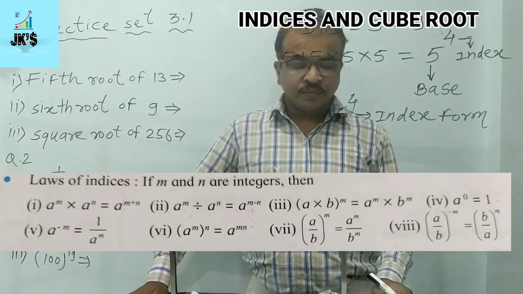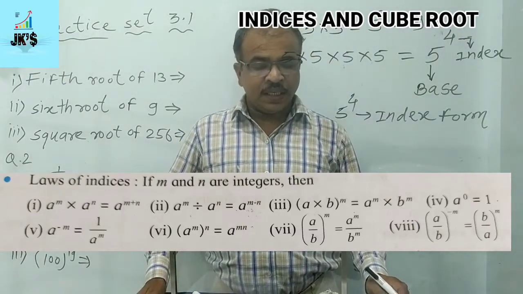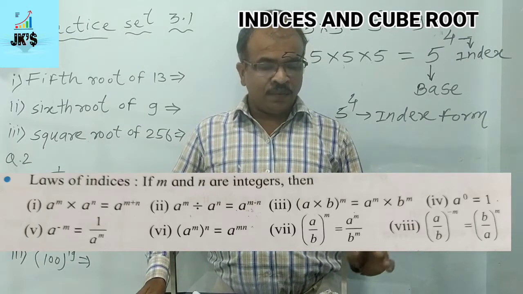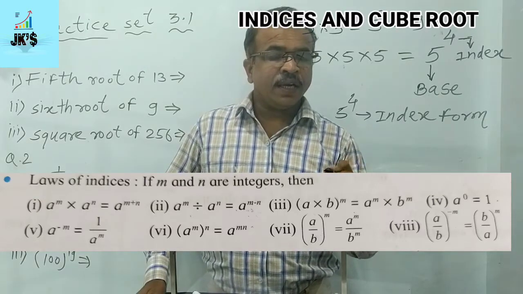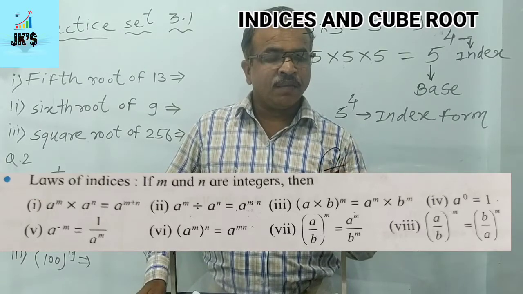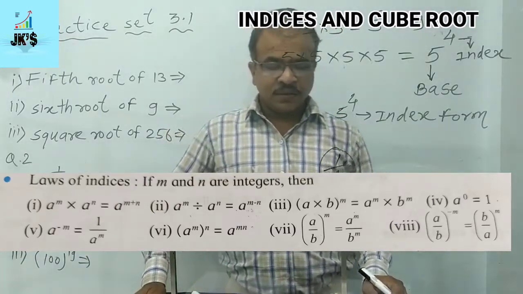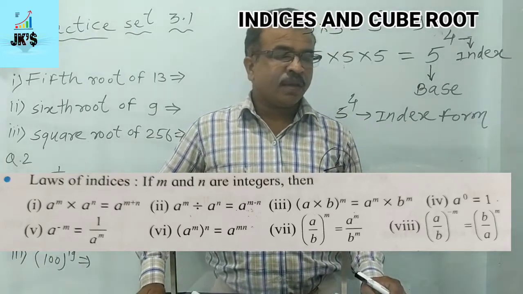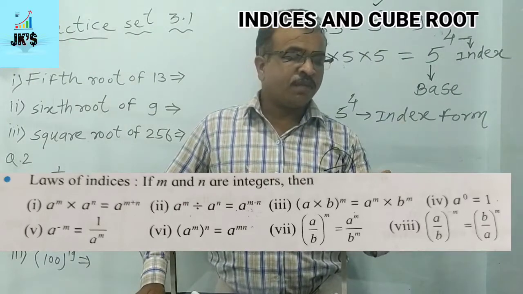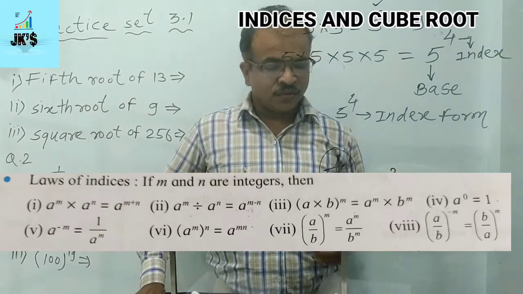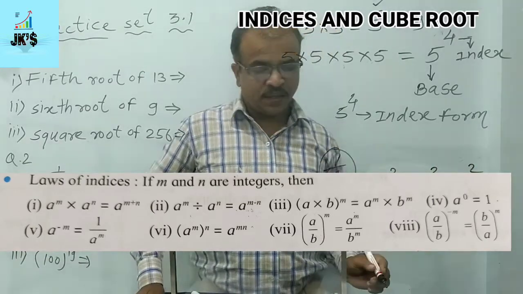Okay. Now the meaning of a number where the index is in rational number form. Now the index is in the form of 1 upon n. Students, we know that the square of 9 is 9 square, square of 11 is 11 square, square of 5 is 5 square.